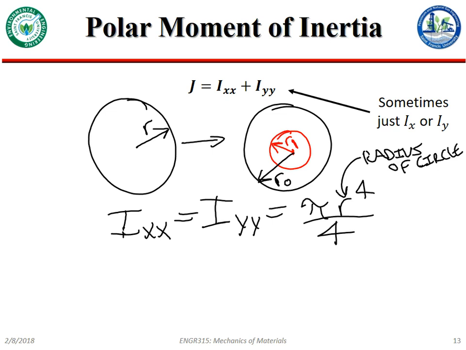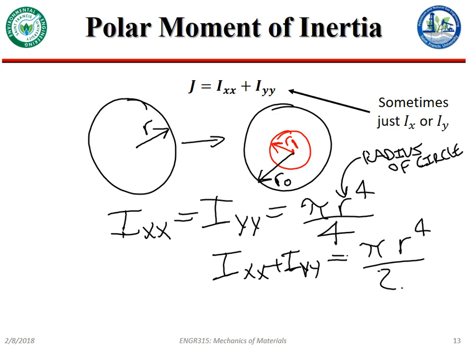I just add this to itself twice. So IXX plus IYY, and get something like pi r to the fourth over 2, right? Cool. Yes?